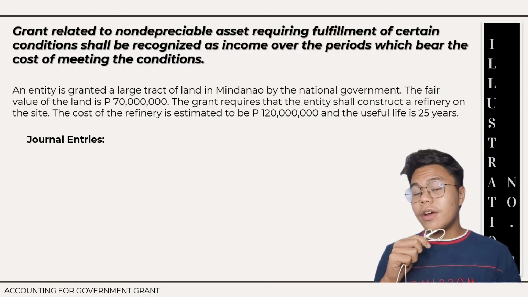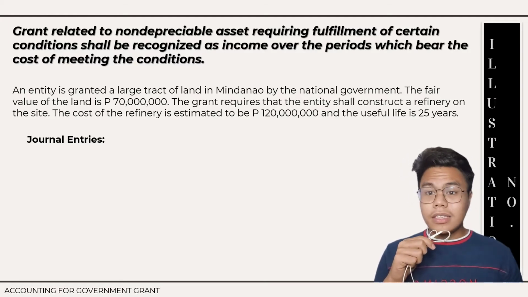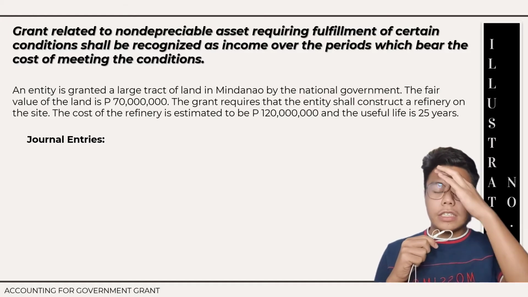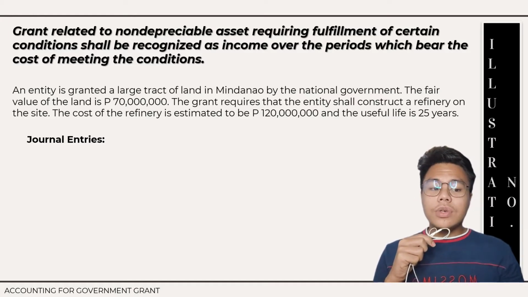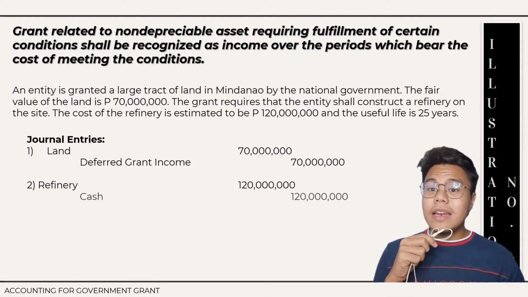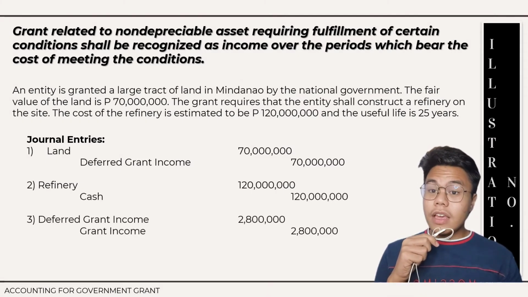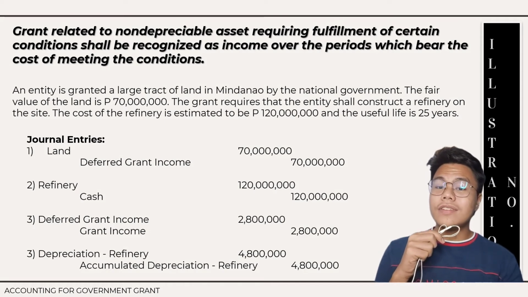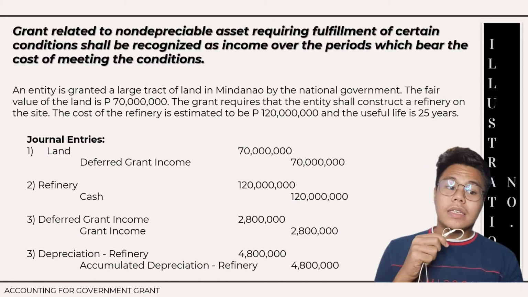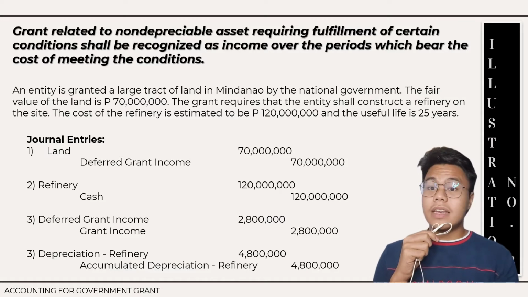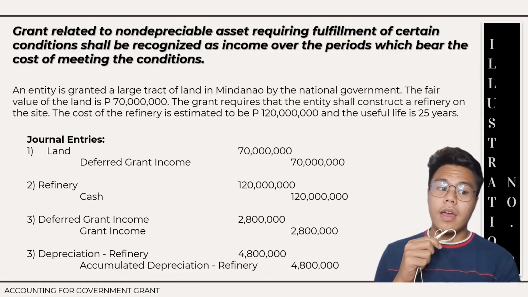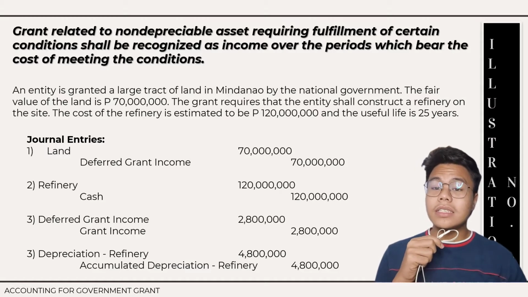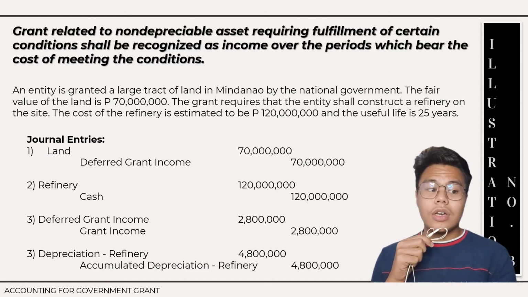First, because we have acquired land here not in exchange for cash, we would use the land account. Debit land, and then credit deferred grant income of 70 million pesos, because that is the fair value of the land acquired. For the refinery, let's pretend that this is obtained through cash.